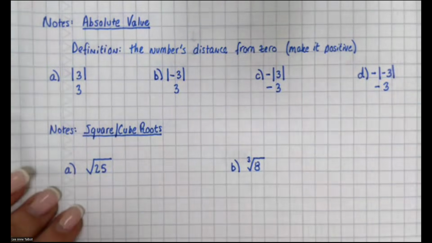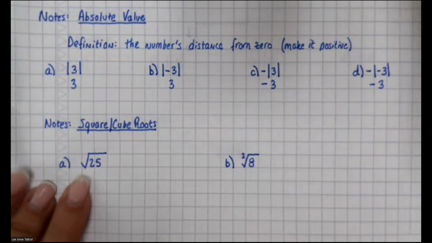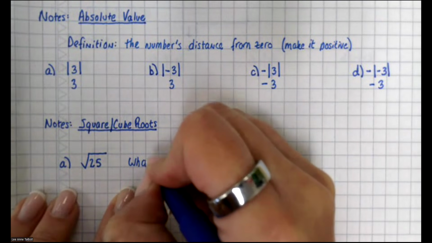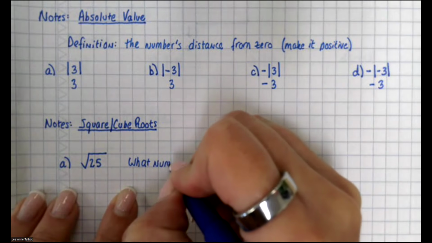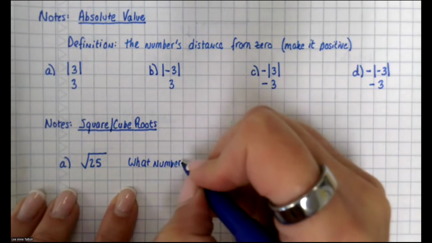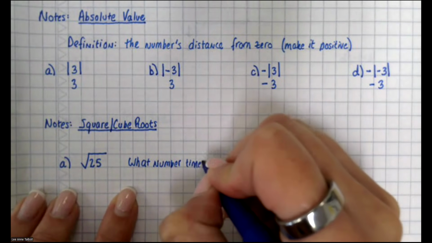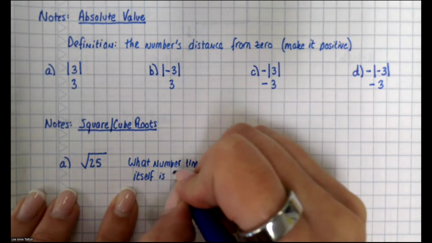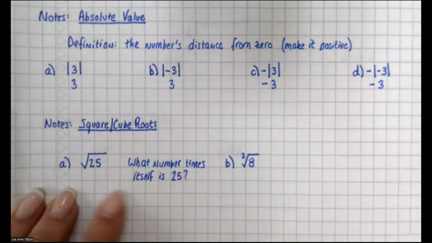So for the square root and cube root section, I want to talk about what question this is asking. What number times itself is 25?